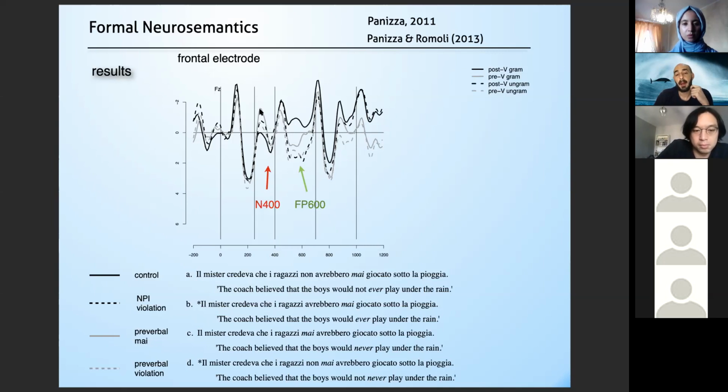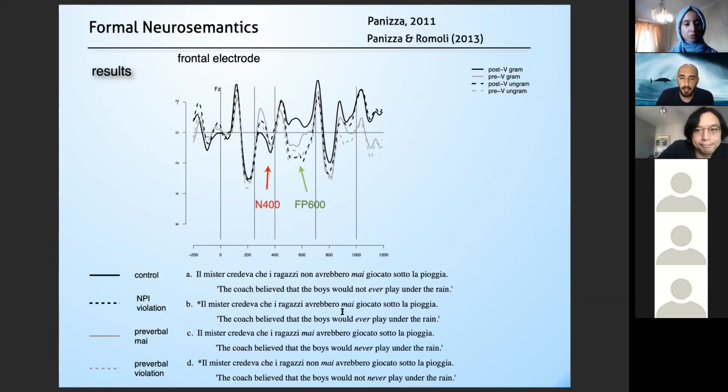You have the maximum N400 for the preverbal mai, so for a grammatical sentence: I ragazzi mai avrebbero giocato sotto la pioggia. The boys would never play under the rain. So the biggest N400 here, the smallest N400 in the control, non avrebbero mai giocato, would not ever play, and then an intermediate N400 in the two conditions of violation.